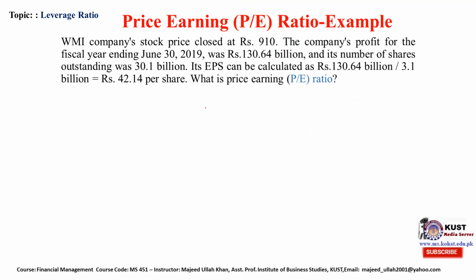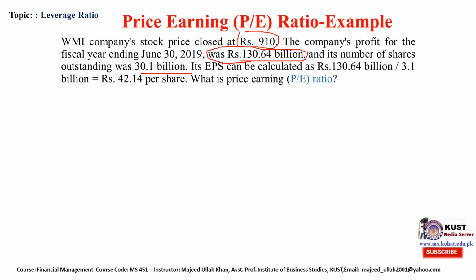Price earning ratio example: WMI company's stock price closed at rupees 910. That is the stock price of the company. The company's profit for the fiscal year ending June 30th is 130 billion rupees and its number of shares outstanding is 3.1 billion.